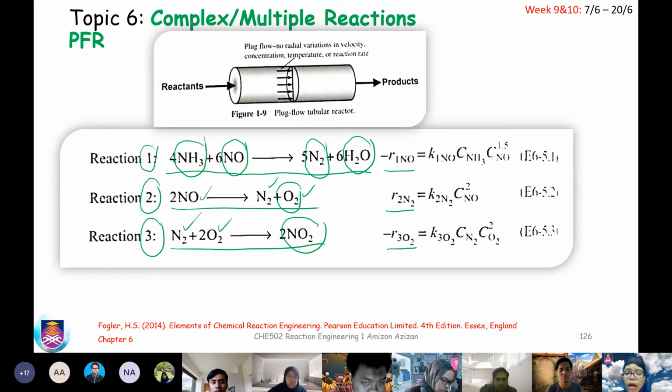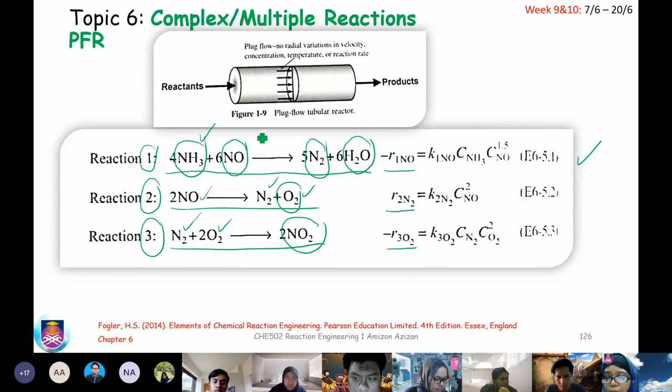Okay, now, we got 3 rate equations. And the rate equations are written based on the key reactant. Now, what does it mean by the key reactant? Yeah, we are dealing with multiple reactions. Let's look at reaction number 1.